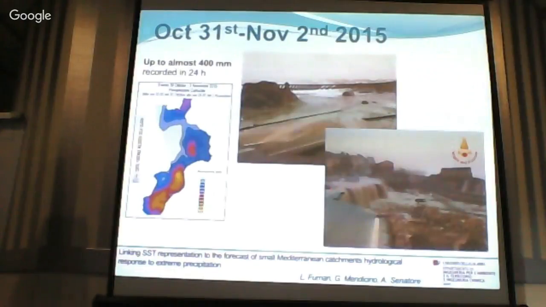The whole eastern Ionian coast of Calabria, in the south, was affected by this event. We have up to almost 400 millimeters in 24 hours and about 700 millimeters here in 3 days.